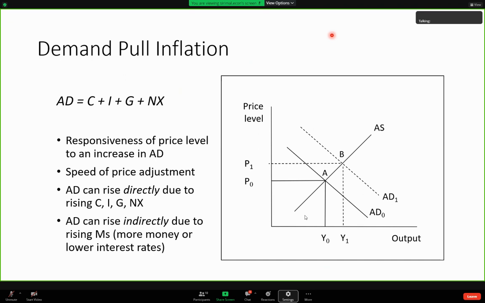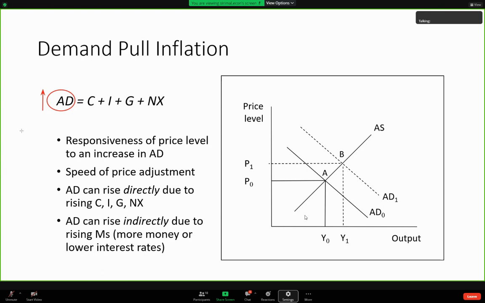Whenever we say demand, we know that we are talking about aggregate demand. Any factor that will cause an increase in aggregate demand, if it results in higher prices all the time, then we call it demand pull inflation.